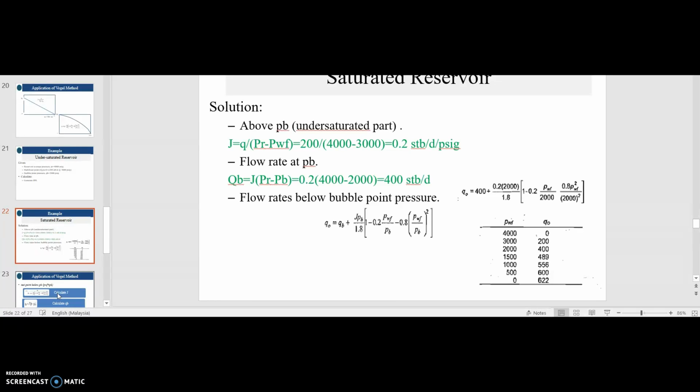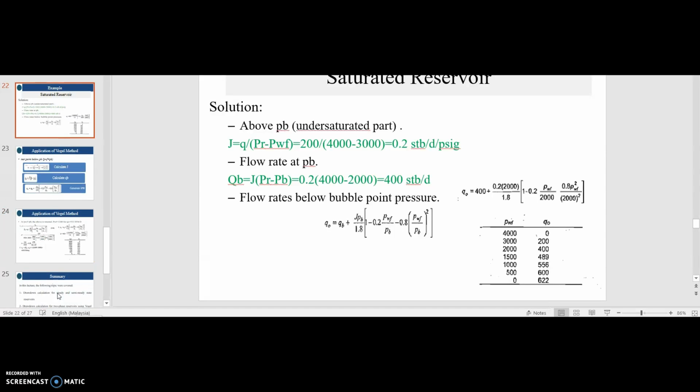Then we have the modified Vogel equation. In this Vogel equation we have only one unknown pair, because QB and J are already calculated, and we don't need reservoir pressure, we need PB, which we have already. So we assume different values of PWF and calculate the corresponding flow rate. Then we'll come out with a table like this showing Qo against PWF.